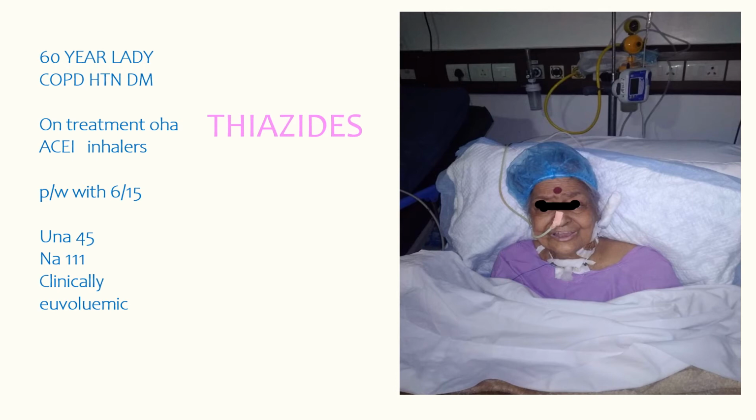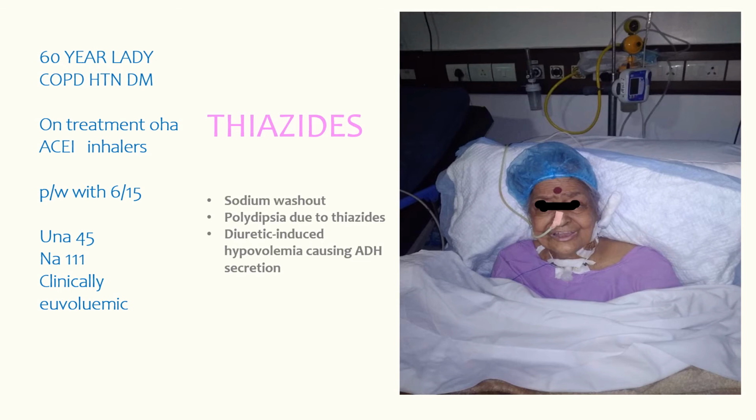This is not so common in elderly males and is mainly in females and has something to do with estrogen, but it is not clearly delineated. The mechanism postulated I've shown you here, and it behaves like SIADH, and the treatment is mainly you stop the thiazides and replace it with some other antihypertensive.